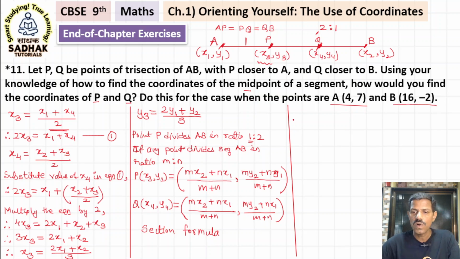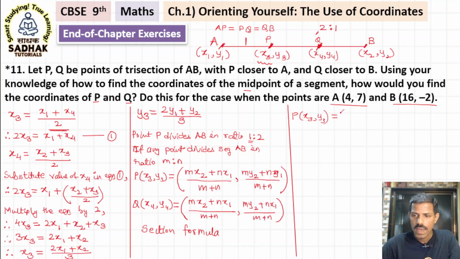So if we want to find the coordinates of P, that is x3, y3, suppose I use this formula, 2x1 plus x2 upon 3, or we can directly use this as well, because this is the same thing, we have written it in general form. Point P is dividing segment AB in ratio 1 is to 2, not 2 is to 1, 1 is to 2. So m is 1 and n is 2.